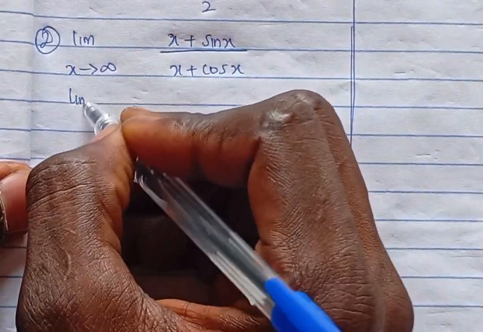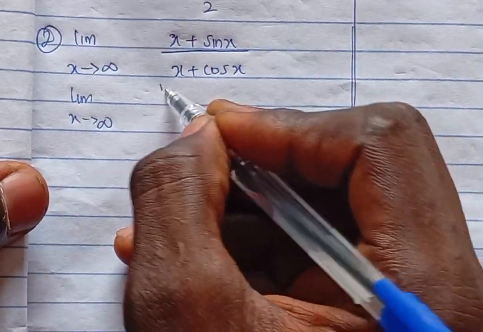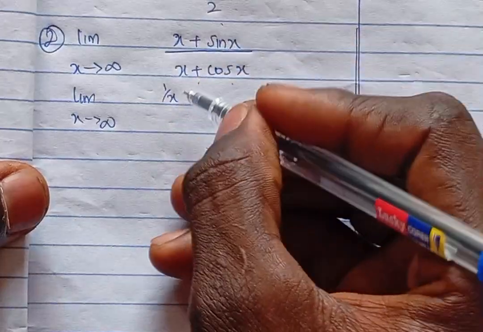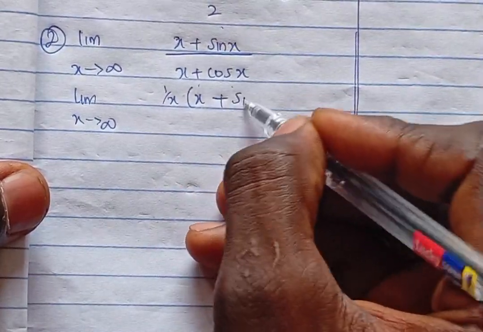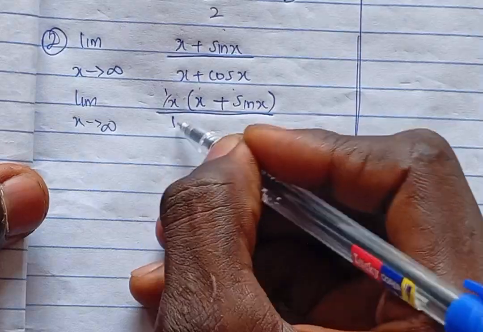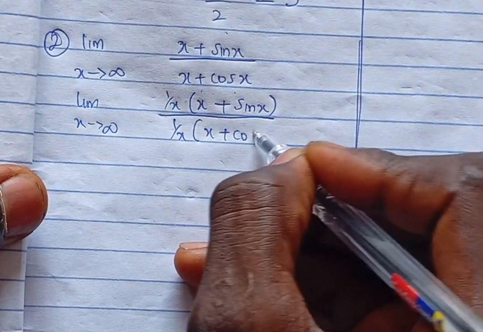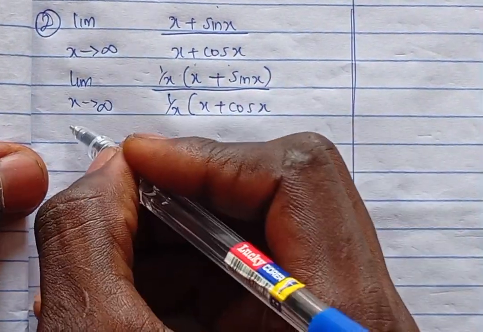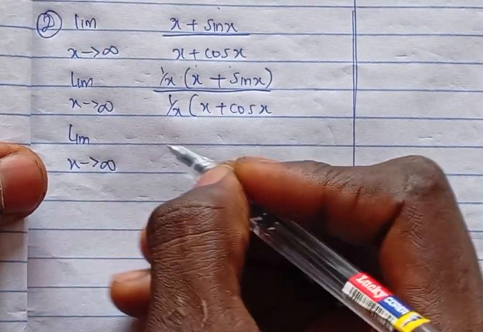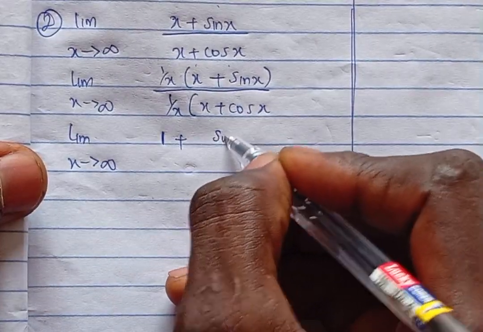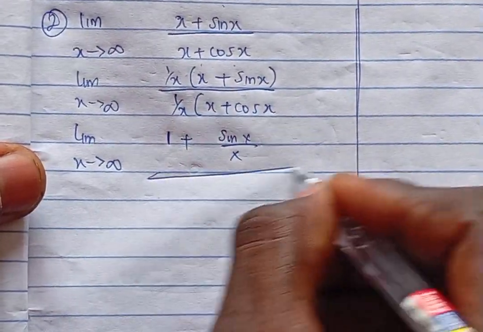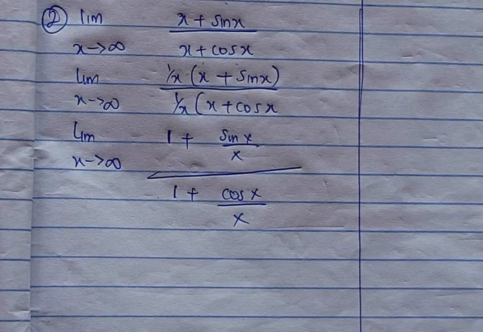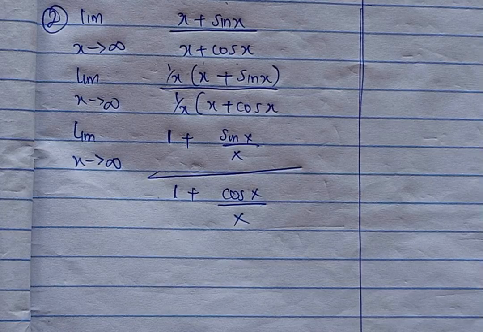You can just say the limit as x tends to infinity, multiply both the numerator and the denominator by 1 over x: sine x plus x, all over cos x plus x, becomes the limit as x tends to infinity of 1 plus sine x over x, over 1 plus cos x over x. Do you get what I'm saying now?